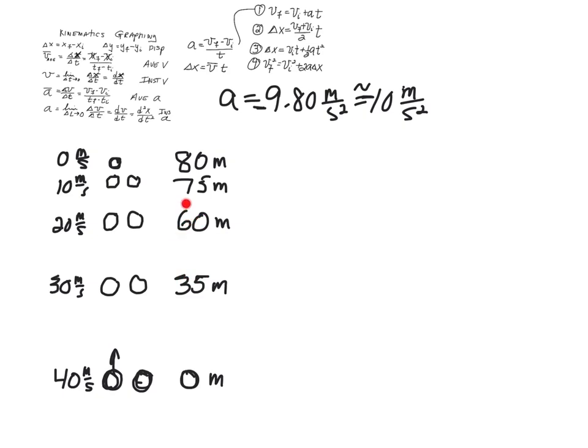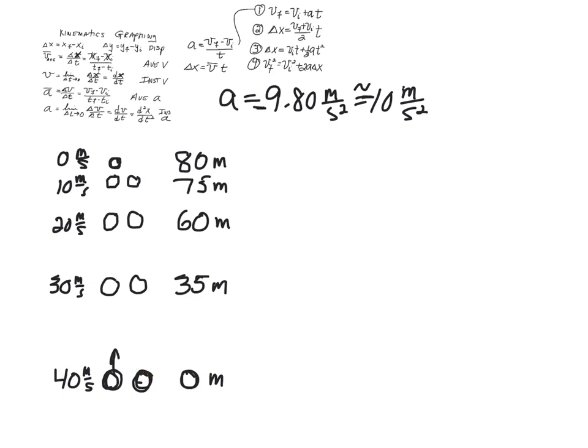It's slowing down. Now it only increased 15 to 75, and then it increased 5 to 80. And then from 80, it comes back down, going faster and faster, and matches these positions coming down so that after 8 seconds it's back where it started.